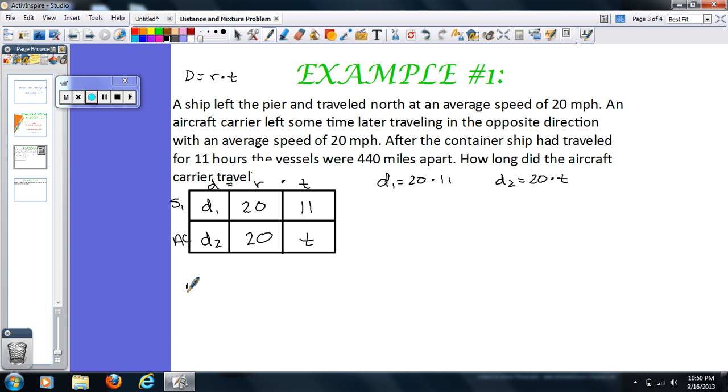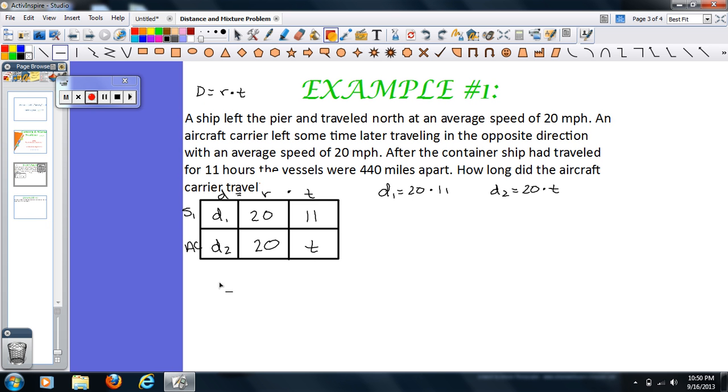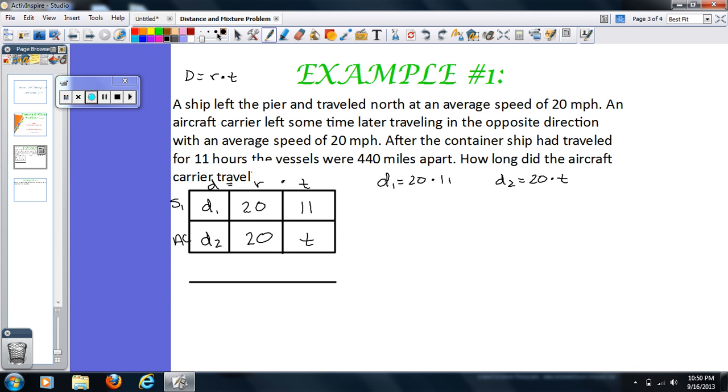So if we draw a picture here, actually let me make this picture a little bit neater. So we got a distance here, and for starters, it's assumed that both ships start in the same place, based on the fact that it doesn't specify that they're starting in a different place. So we're going to put a line here.